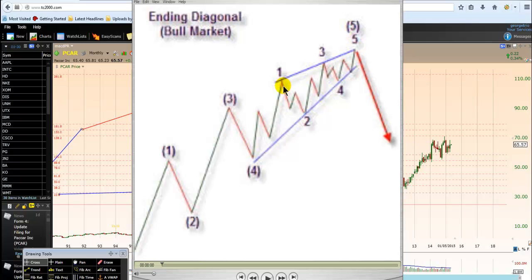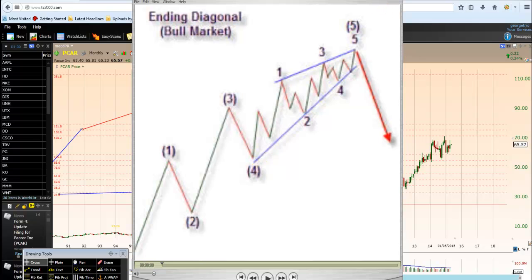The corrective waves are normally divided into 3, the second wave, 1, 2, 3, normal. It's a normal second wave, a normal fourth wave. But you can see that the first minor wave, the third minor wave, and the fifth minor wave of the ending diagonal have also been divided into 3. That's why the internal wave structure, or the price structure, of the ending diagonal is 3, 3, 3, 3, and 3.